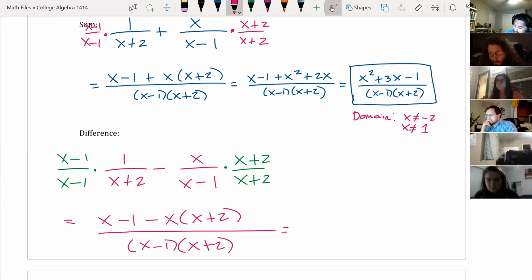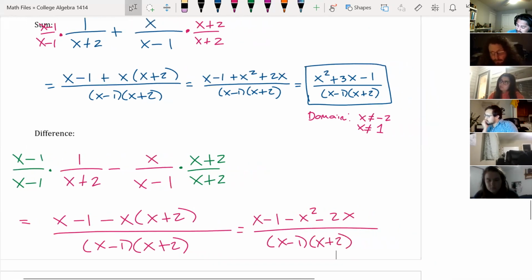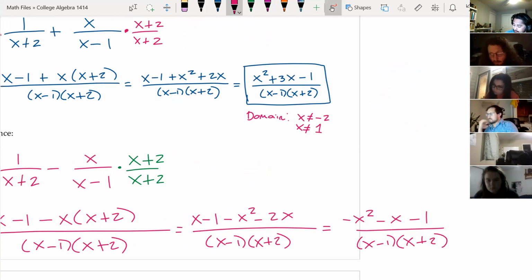Distribute that x, clean up. x minus 1 minus x squared minus 2x over x minus 1 times x plus 2. Clean it up one more time, and we get negative x squared minus x minus 1 over x minus 1 times x plus 2.